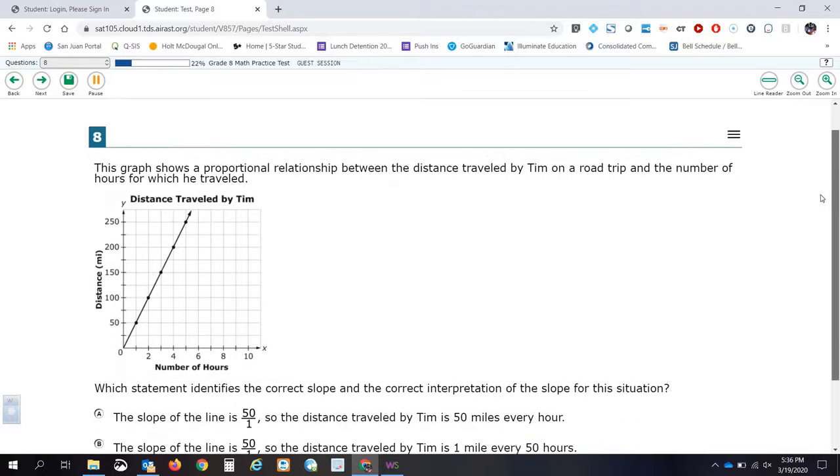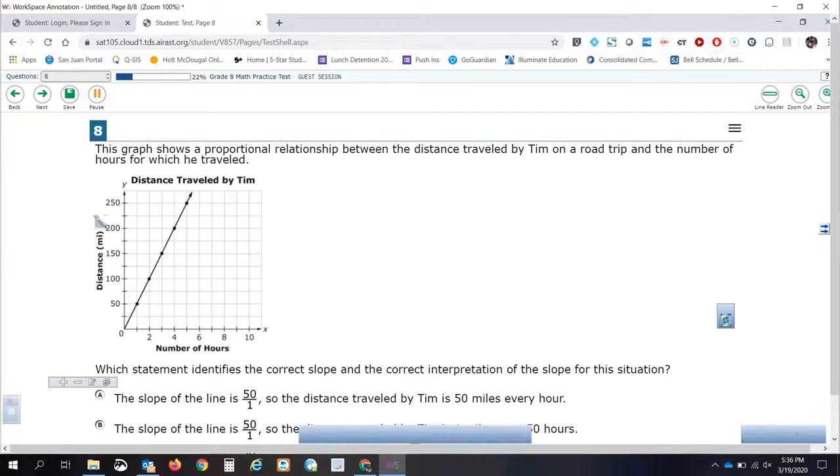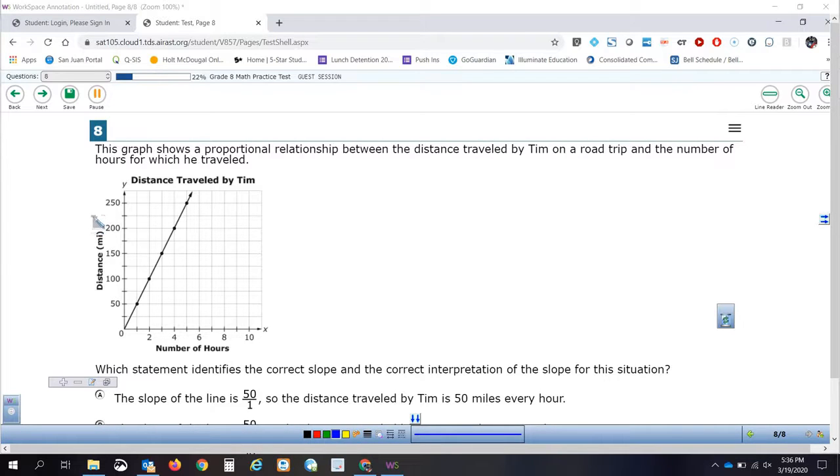Here we go. The graph shows a proportional relationship. We know that because it's a straight line that goes through the origin. It shows the distance traveled by Tim on a road trip and the number of hours for which he traveled. So his distance is y and the number of hours is x.